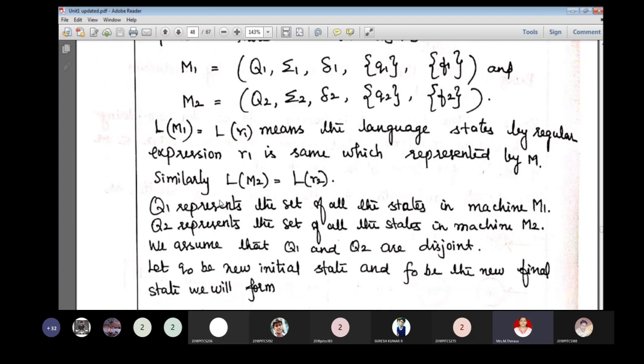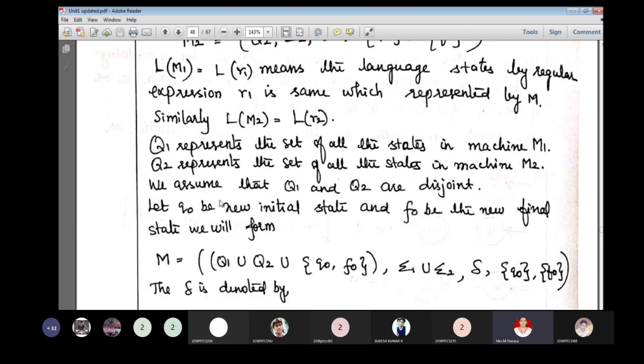Q1 represents the set of all the states in the machine M1. Q2 represents the set of all states in the machine M2. We assume that Q1 and Q2 are disjoint sets. There is no similarity between Q1 and Q2, so both sets can be called disjoint sets.